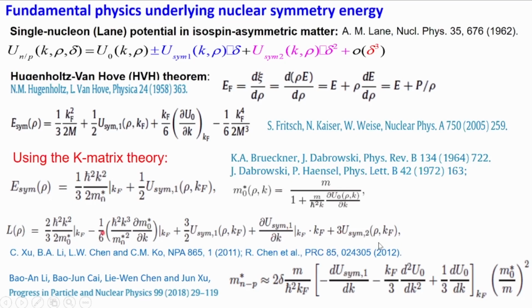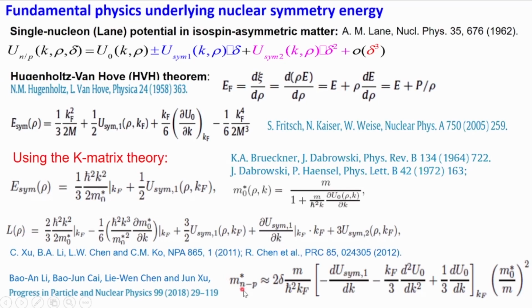So it's very complicated. You have at least these 5 terms. Now think about it: if you use different models that may or may not have a momentum dependence in the isovector potential or isoscalar potential, then you can expect to get very different predictions for the slope of symmetry energy.